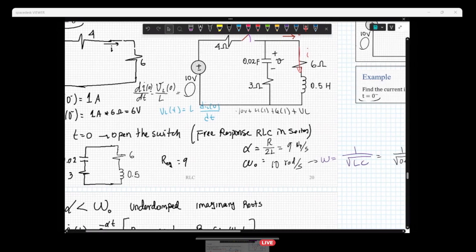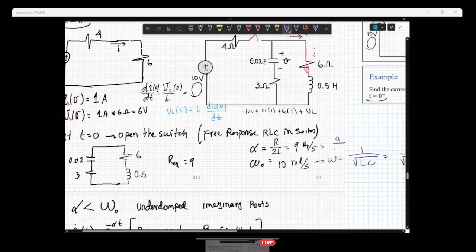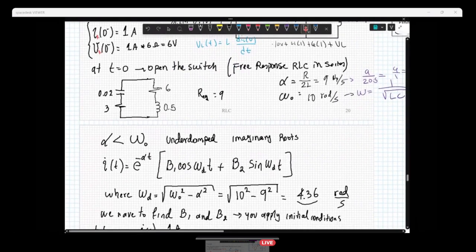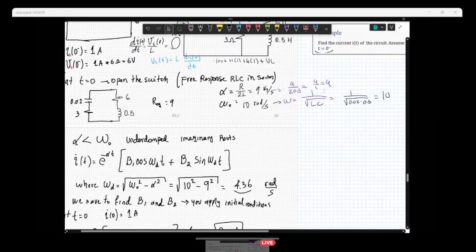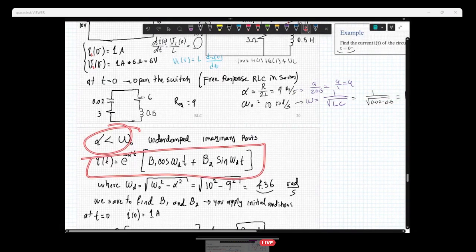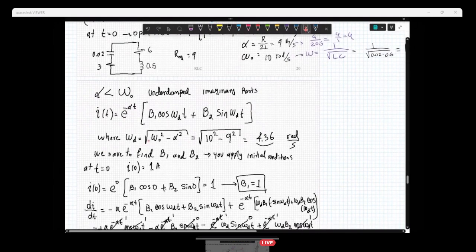This will be 9 over 2 times 0.5, which is 1/2. 9 over 1 equals 9. There you go. That's where that comes from. So now you know you have an underdamped case. This is your W, and it's bigger than 9. So you have this case. So now you use this formula here, and then you plug these in.